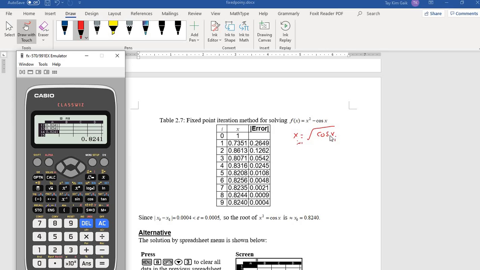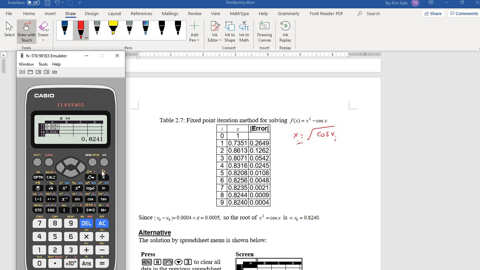X equals square root cos x_i. And you're asking what's the value of x, you key in 1 equal, you get 0.7351. Next, you just keep on pressing equal until no more changes in your x. So that is the root, and the root is actually the last value.